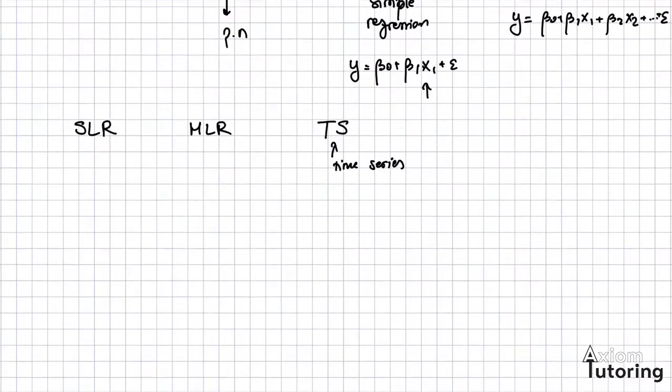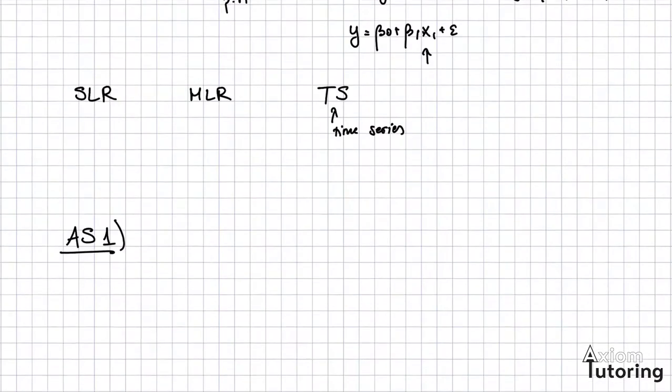Let's start with the first assumption that is needed. The first assumption is called the linearity assumption. And what that tells us is that the population relation is linear.